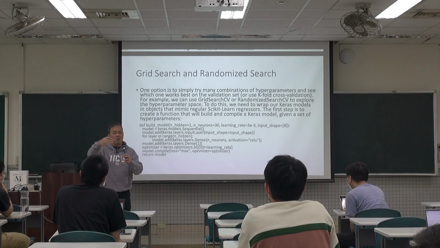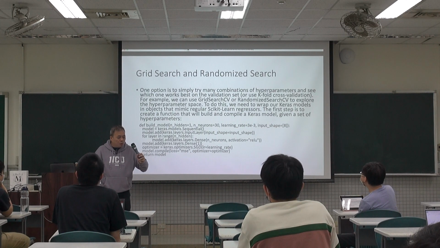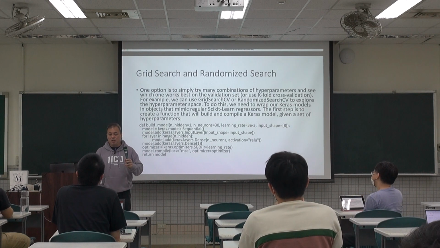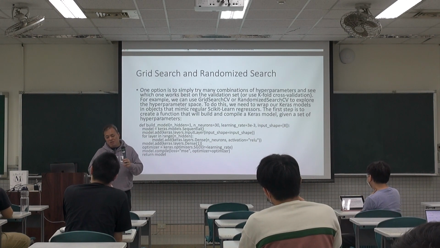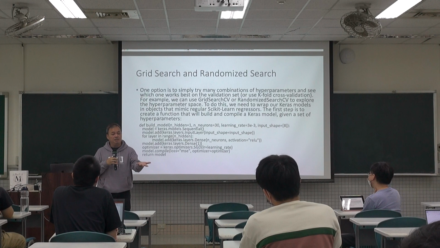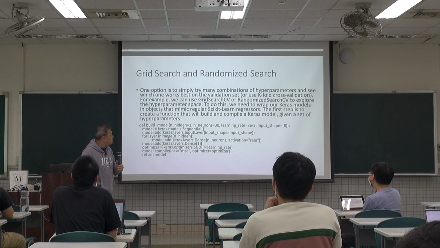Try all four options. And if you don't know how many neurons for each layer, you can try 100, 200, 300. So you have 3 options for the number of neurons for each layer, and 4 options for the number of layers, so 3 times 4 is 12. Pretty much grid search is like that.